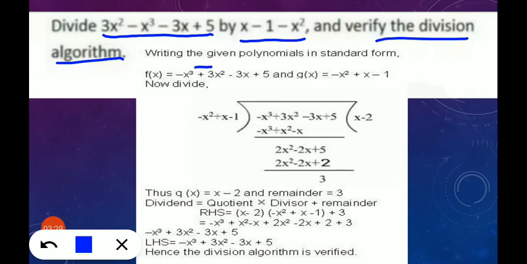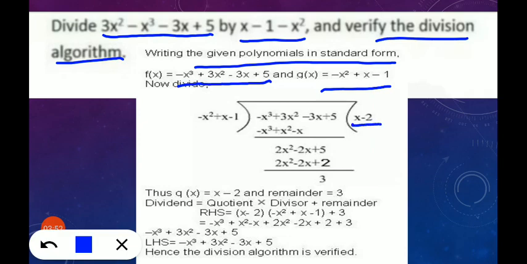First of all, we will write the polynomials in standard form. So our f(x) will become minus x cube plus 3x square minus 3x plus 5, and g(x) will become minus x square plus x minus 1. Then we will divide as we have discussed.